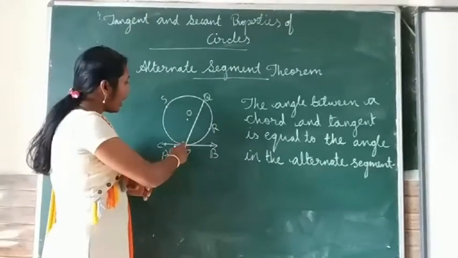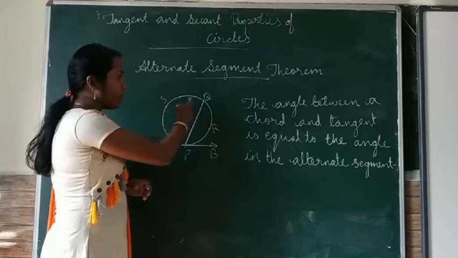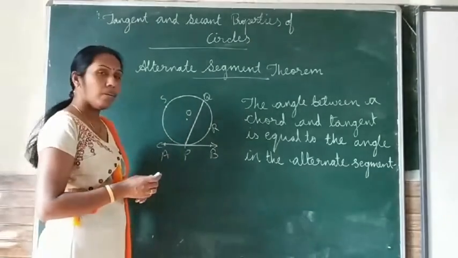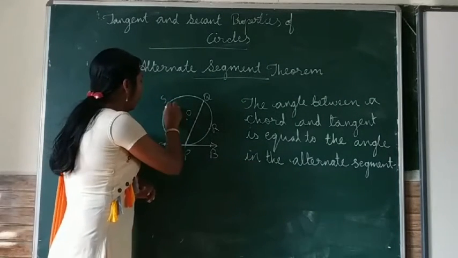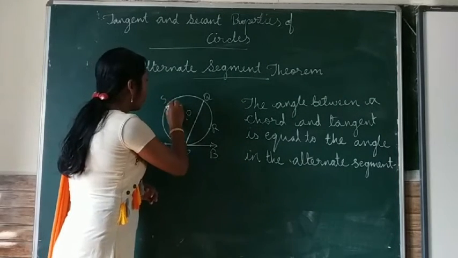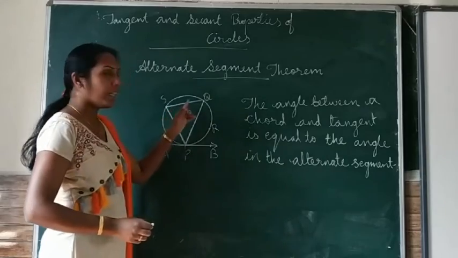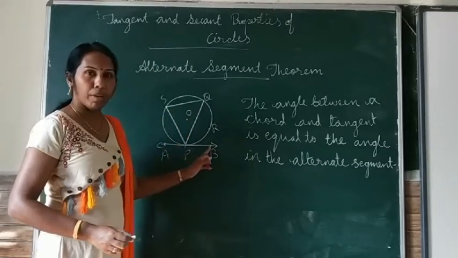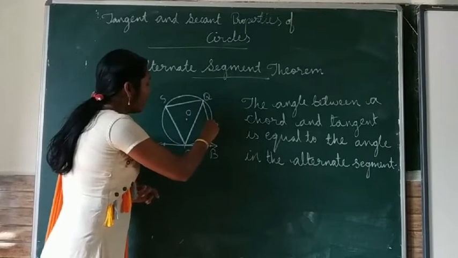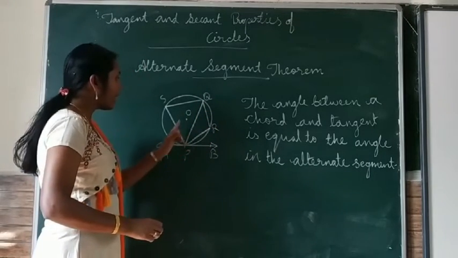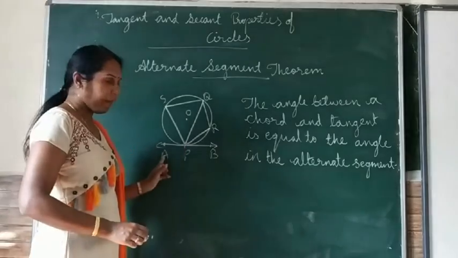And if we draw any angle in the alternate segment, that angle is known as the angle in the alternate segment. For example, the angle PSQ is an angle in the alternate segment of angle QPB, and the angle QRP is an angle in the alternate segment of angle QPA.